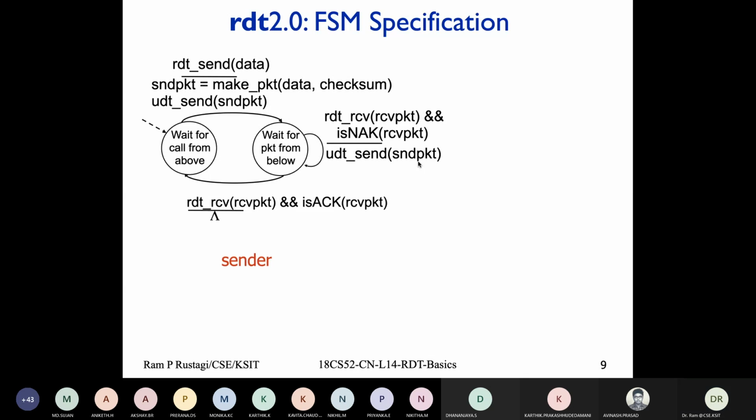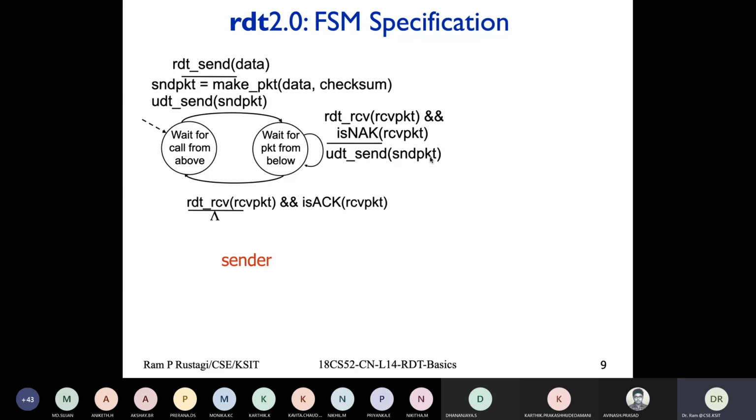The underlying channel does not say that it will corrupt only one packet and not the second. It says I can corrupt a packet anytime. All the underlying channel is telling is that it will not lose the packet and will maintain the order, but it can corrupt the packet. So if I resend, this packet could be corrupted again.